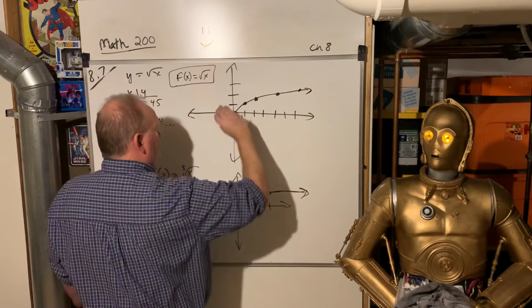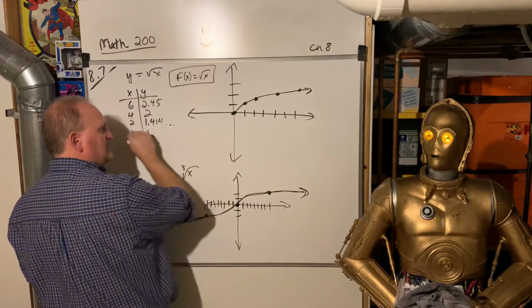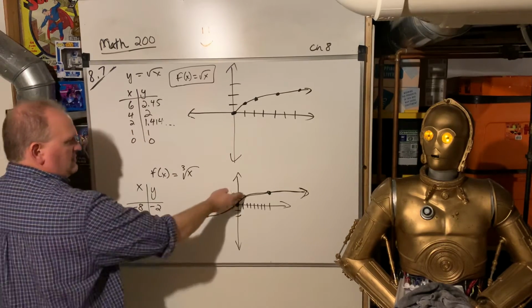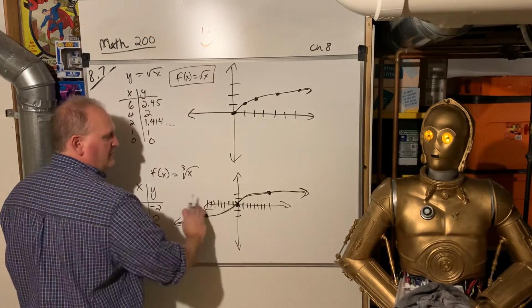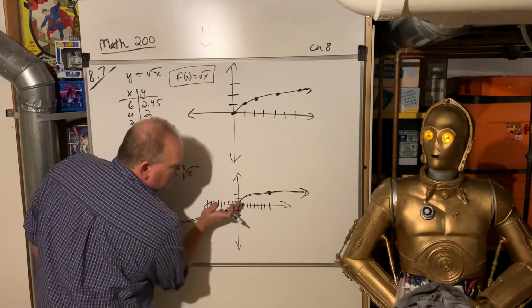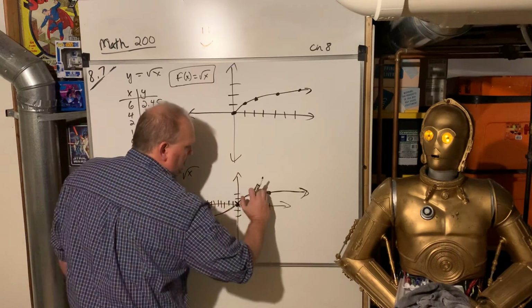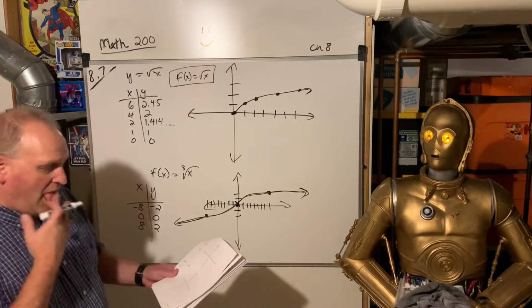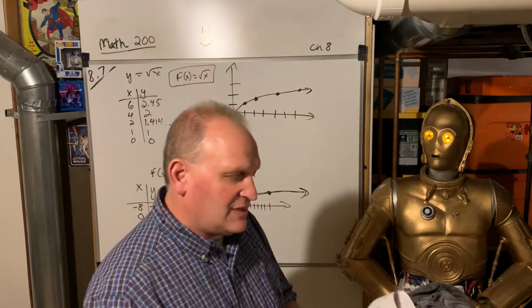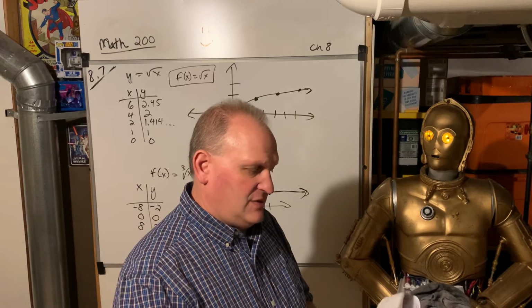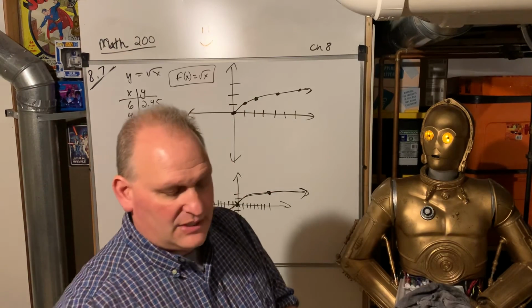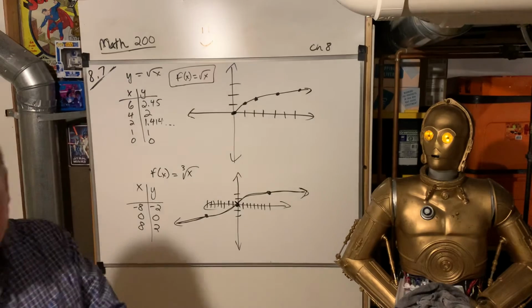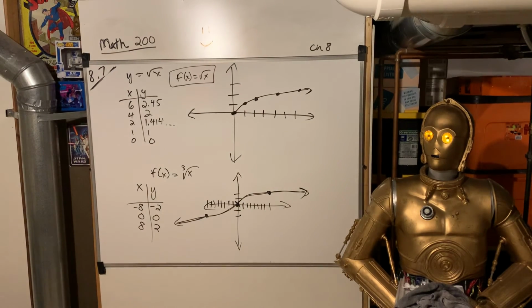And then if you flip it and flip it, you get this other side, this reflection of the other side. This point right here is called a point of inflection, where the concave up turns to concave down. And so again, we worry about concavity in the next course, not so much in this one. I just wanted to expose you to that a little bit. All right, the next one is going to be 8.8.